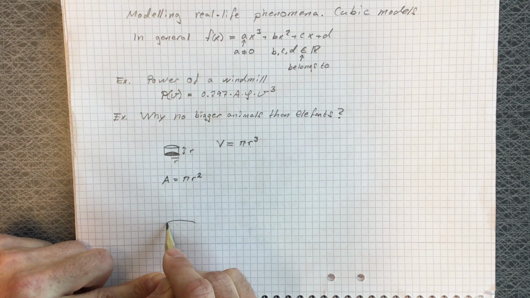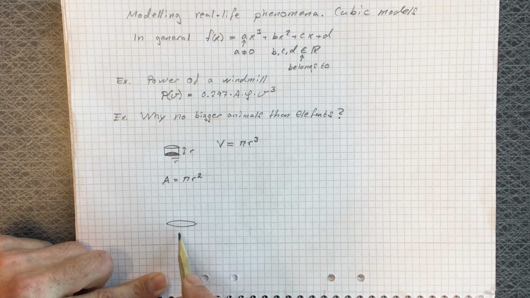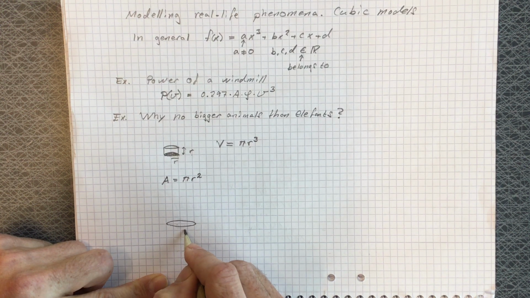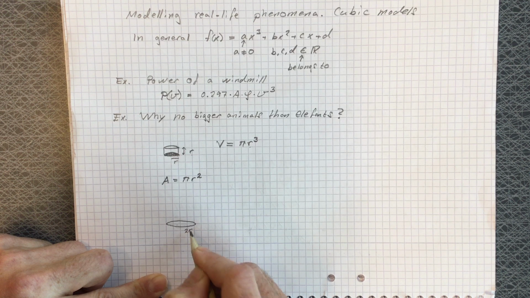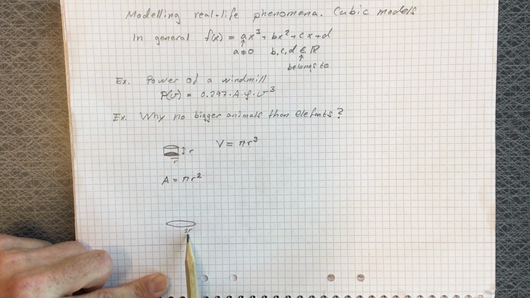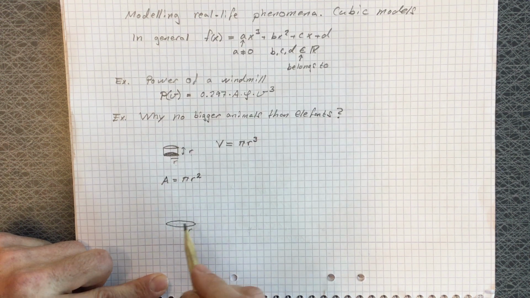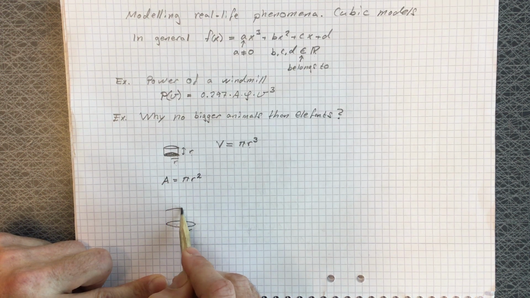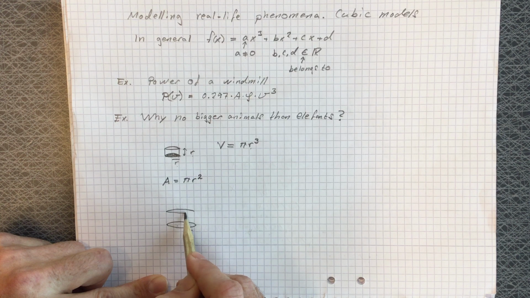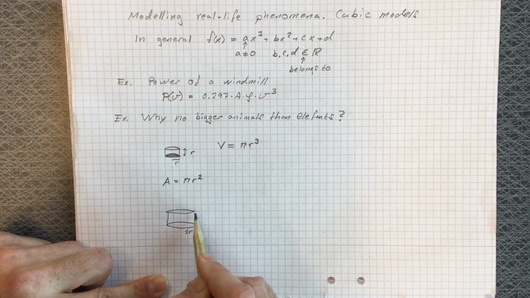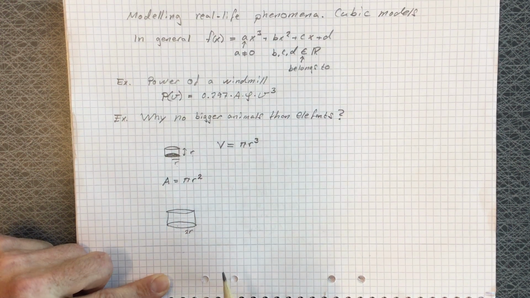1, 2, 3, 4, with the diameter 4 squares. So the radius will become 2r instead of 1r. 2r is double the length. And then the height will be 2 squares instead of 1 square. So the cylinder will look something like this.